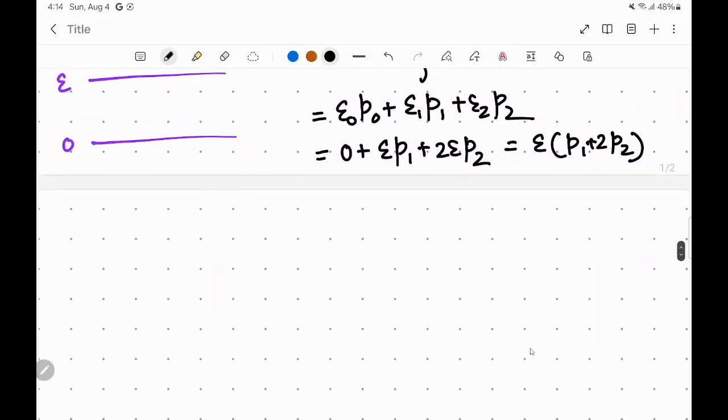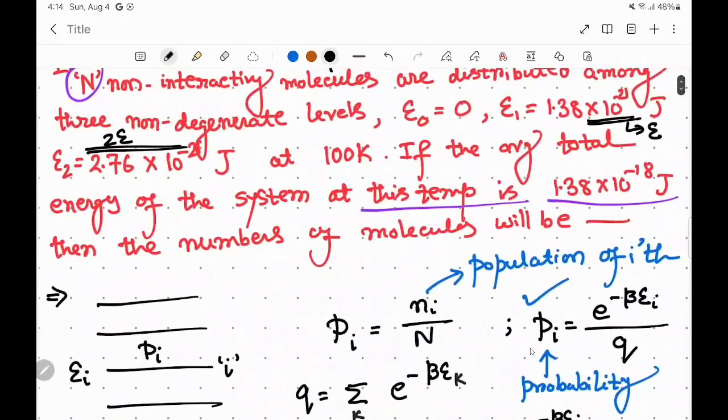Now this value is also given. If you check, this is epsilon, and then it will be 1000 epsilon, or 10 to the power 3 into epsilon, because it's 10 to the minus 21, here it is 10 to the minus 18.